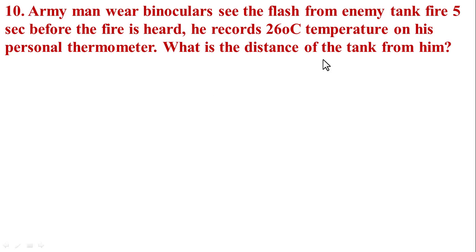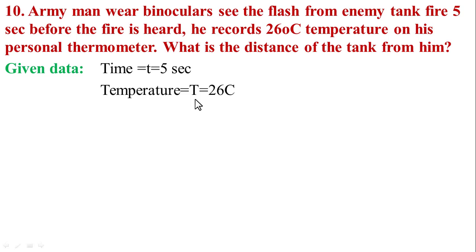What is the distance of the tank from him? Now write the given data: time t is equal to 5 seconds, temperature T is equal to 26 Celsius, and we require the distance of the tank, that is S.